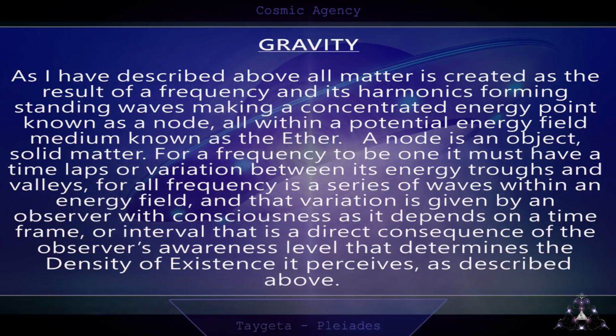For a frequency to be one, it must have a time lapse or variation between its energy troughs and valleys, for all frequency is a series of waves within an energy field, and that variation is given by an observer with consciousness, as it depends on a time frame or interval that is a direct consequence of the observer's awareness level that determines the density of existence it perceives, as described above.